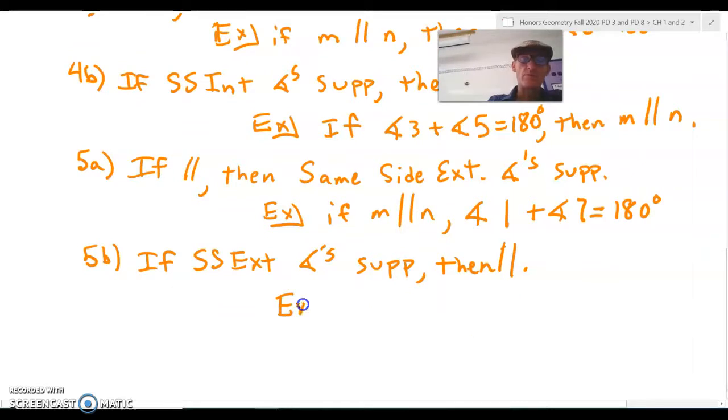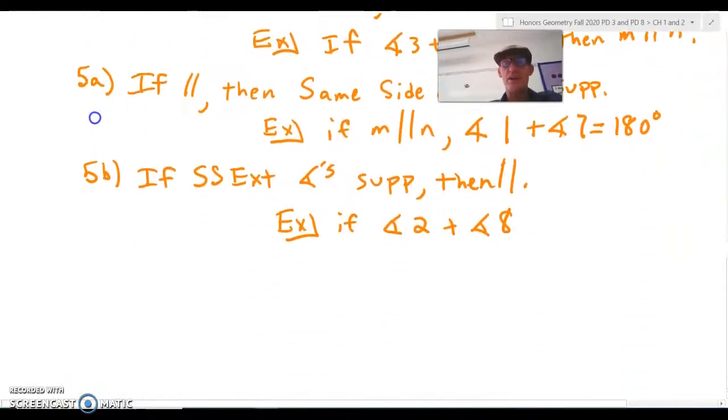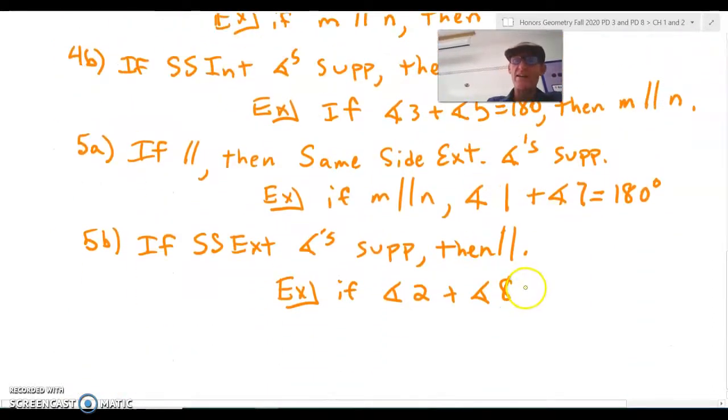Example, if angle 2 plus angle 8, angle 2, yep, angle 2 plus angle 8 equals 180 degrees, then M is parallel to N.